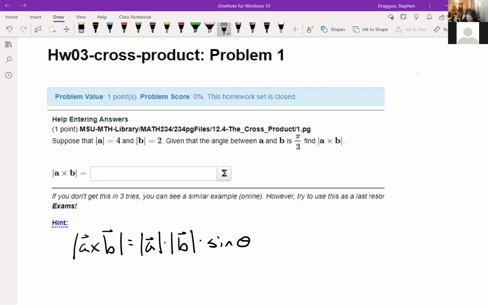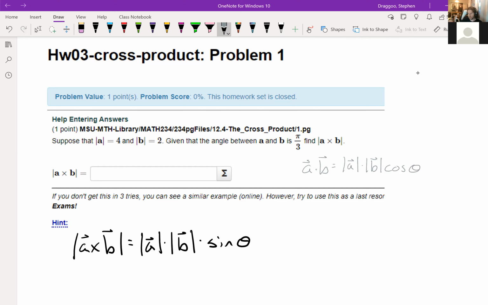Not to be confused with the dot product, which is slightly different. A dot B is equal to the magnitude of A times the magnitude of B times cosine of theta, right? So we had two different formulas that relate the dot product and the cross product to the angle that's in between a couple vectors.